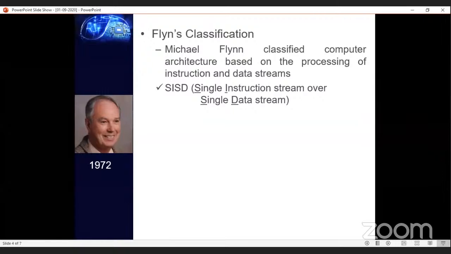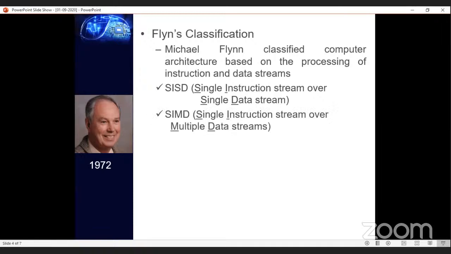I already told you, architecture is the arrangement of components within a computer. Suppose a computer is following SISD architecture, then that computer is doing a single instruction over a single data stream at a time. So that is what is called SISD.